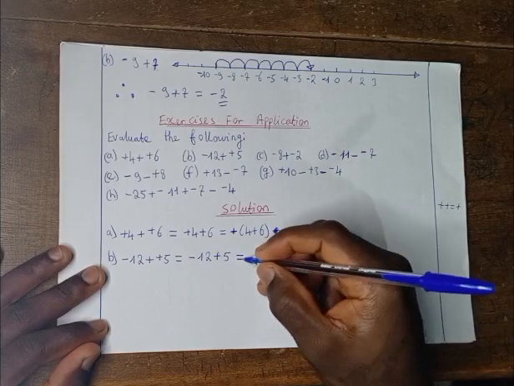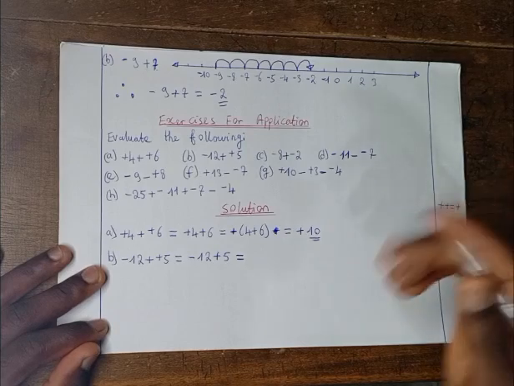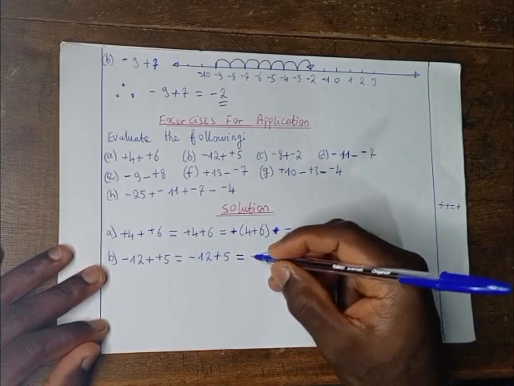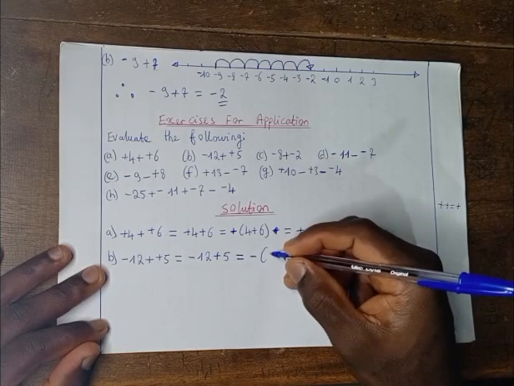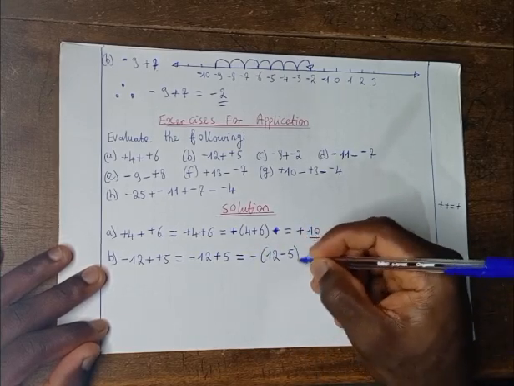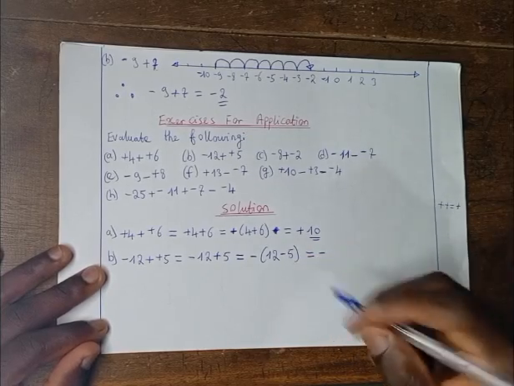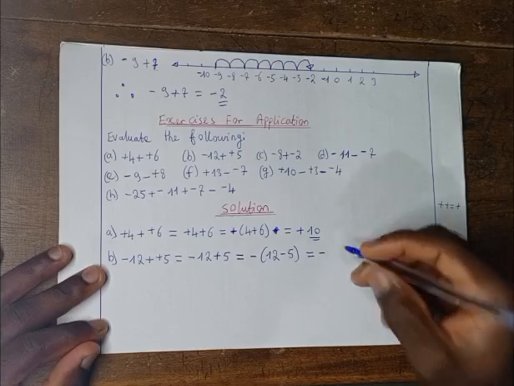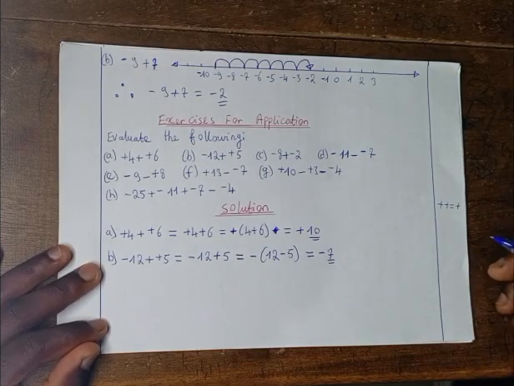We are going to write out the sign of the larger number in terms of magnitude, which is negative. Then we subtract the smaller number from the bigger number. Negative 12 minus 5 gives us 7. So the answer will simply be negative 7.